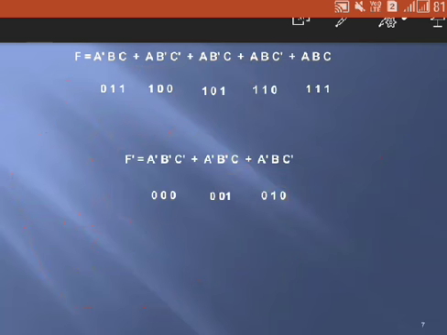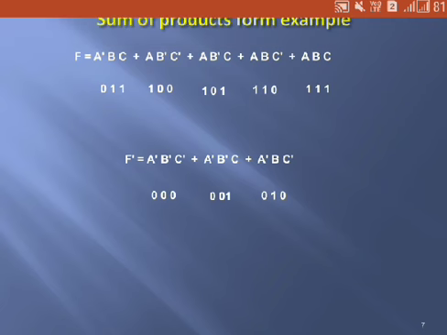That means if you take the complement, for all these combinations the output will become 1. That means f means for all these combinations the output is 1, and if you are considering f bar, for the remaining combinations f bar will become 1.